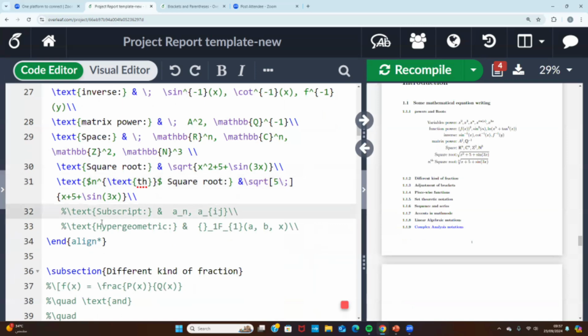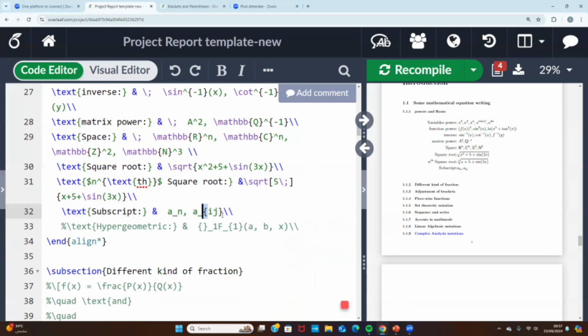Now the next is the subscript. Subscript can be written like this: a_n. And again, in the same way, if you want to use multiple expressions in the subscript, then you should put the bracket. So here is a, let's say, alpha beta.